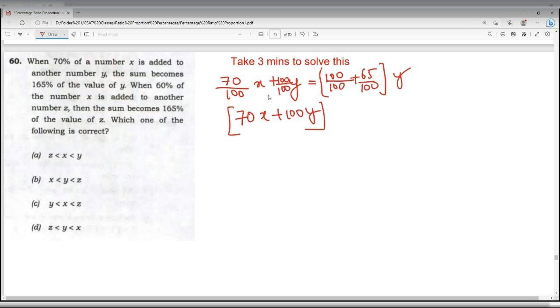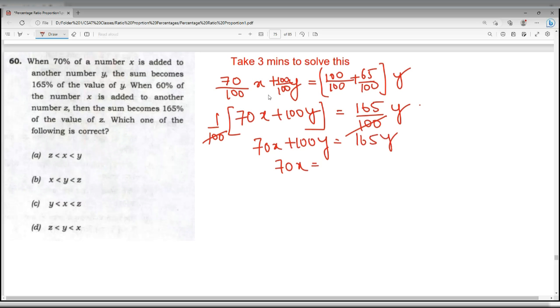I'll take 1 by 100 as common here, equal to 165 divided by 100 into Y. This gets cancelled, and this is 70x plus 100Y is equal to 165Y. 70x is equal to 65Y, so x by y is equal to 65 by 70. This is 5 ones are 5, 5 threes are 15, 5 fours are 20. This is 13 by 14. X by y is 13 by 14.